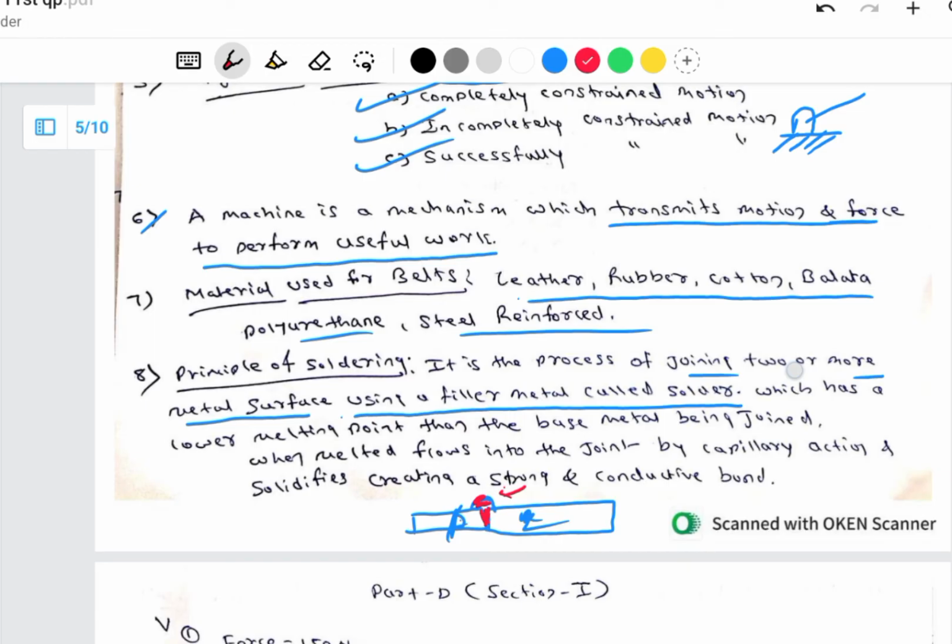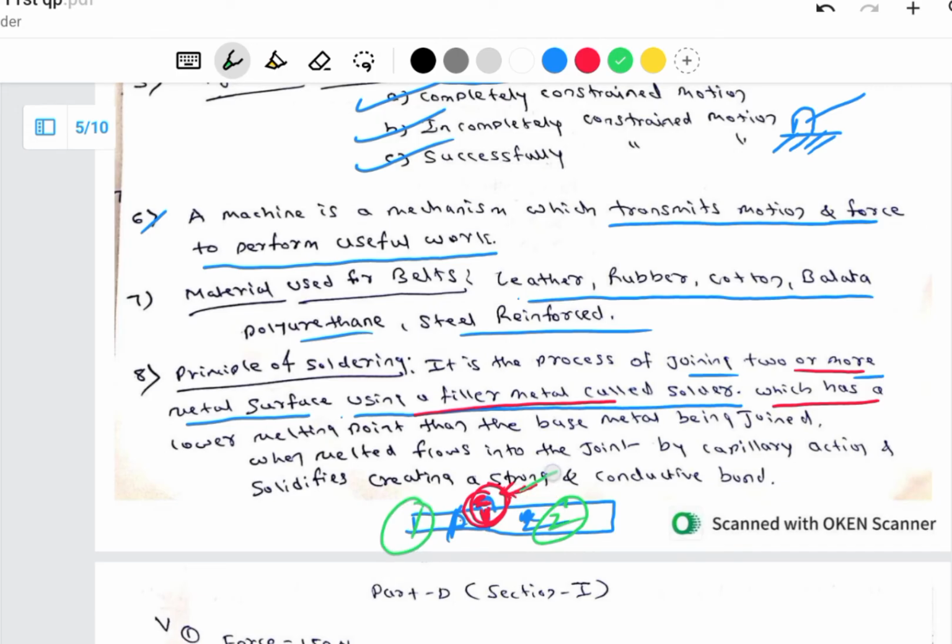So here it is important that joining two or more metals is done without melting the base metal, using the filler material which has a lower melting point than the base metals. So this is also important. This filler material has less melting temperature compared to these two materials, plate number 1, plate 2.